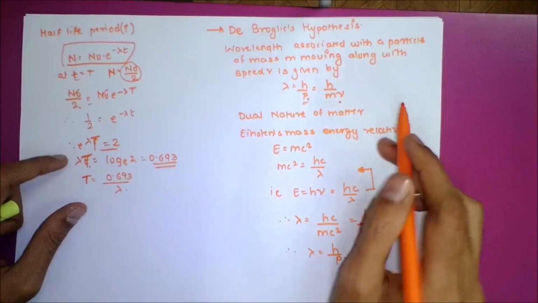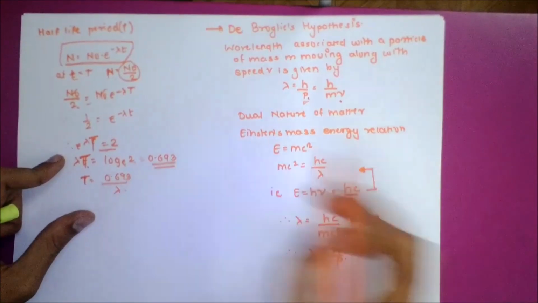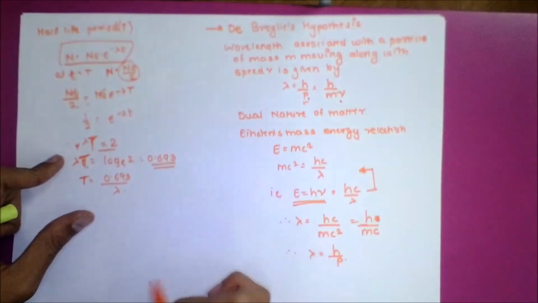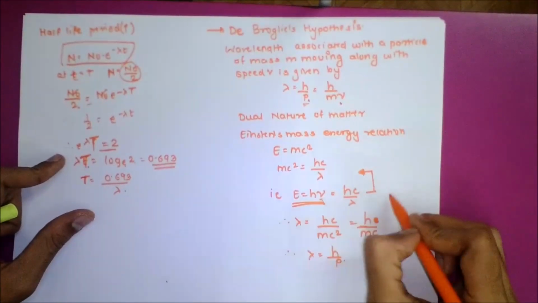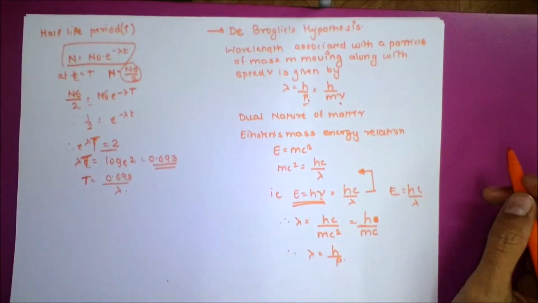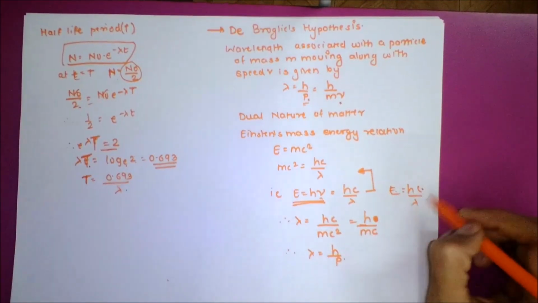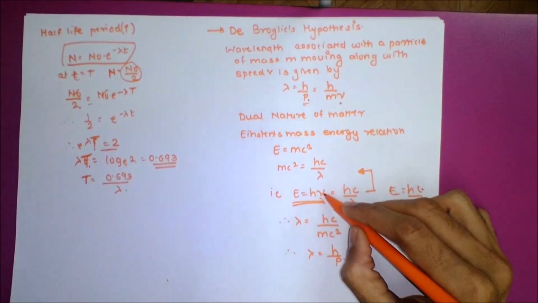According to Planck, the energy carried by a photon is given by E equals h mu, so E equals hc upon lambda. Where c is the velocity of light, lambda is the wavelength, and mu is the frequency.